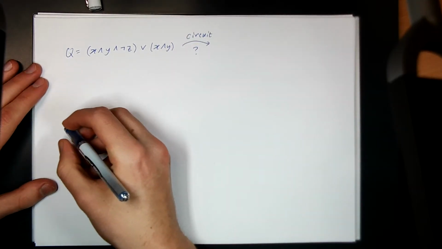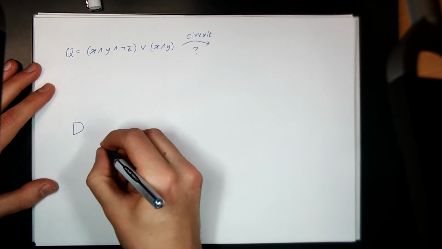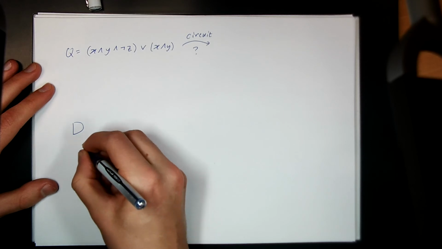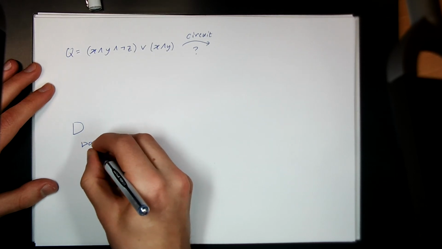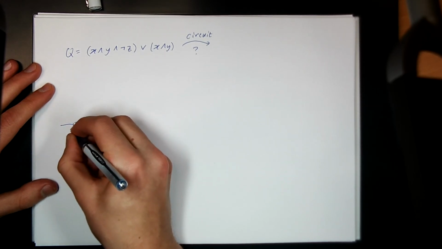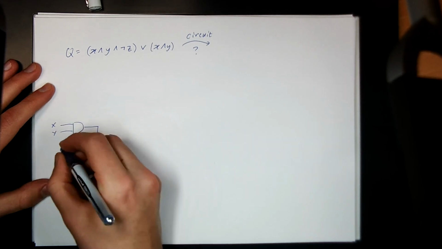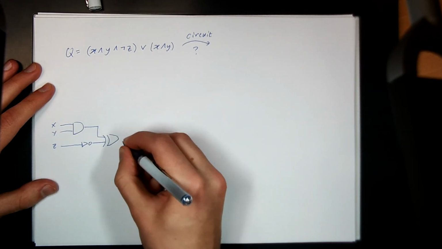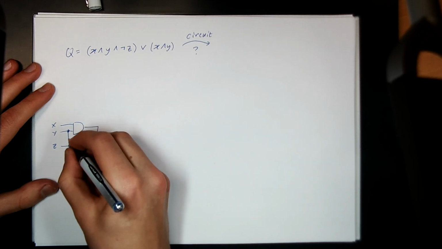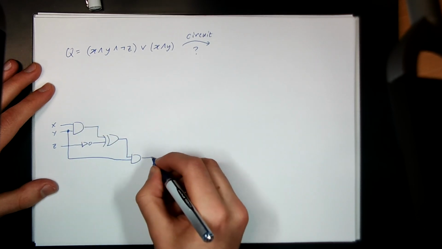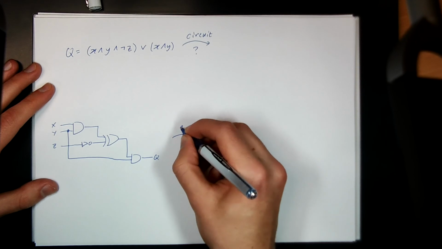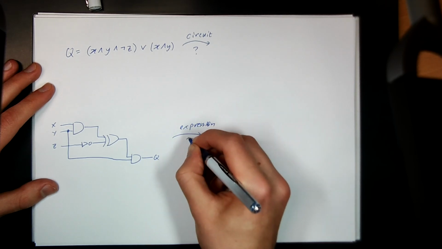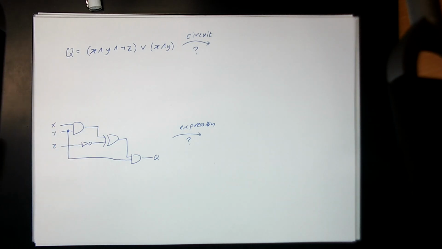And then take this circuit, just draw some random circuit, with inputs X, Y, Z. Okay, write the expression for this circuit. So have a go at that, and then we'll go through the solution in the next video.